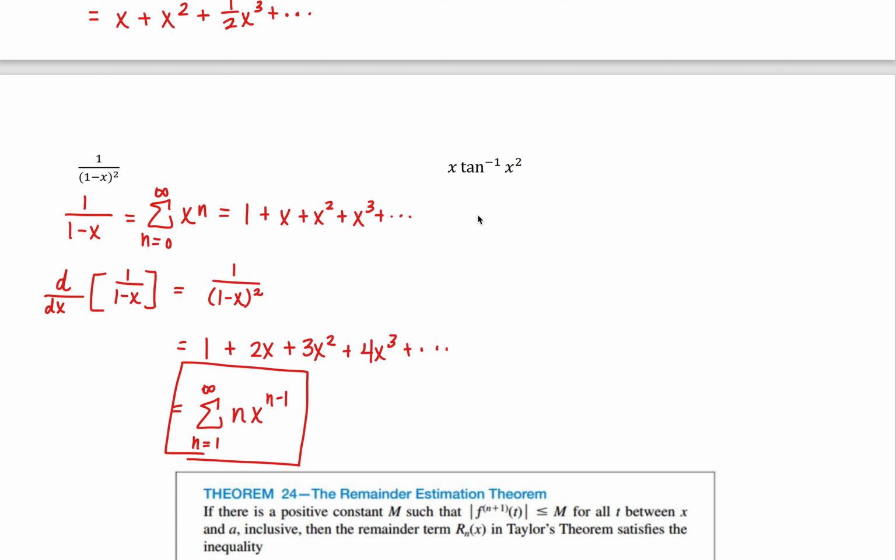Now our last one here, we've got x times inverse tangent of x squared. So once again, from the previous section, we were able to define the inverse tangent function as such. The inverse tangent of x can be defined as the series from n equals 0 to infinity of negative 1 to the n power x to the 2n plus 1 over 2n plus 1.